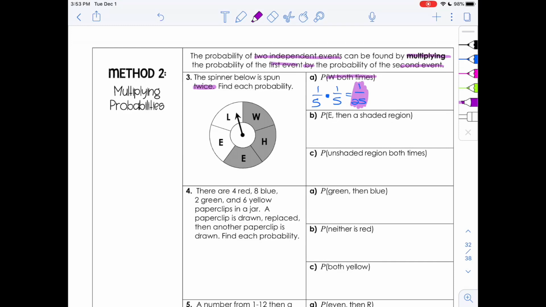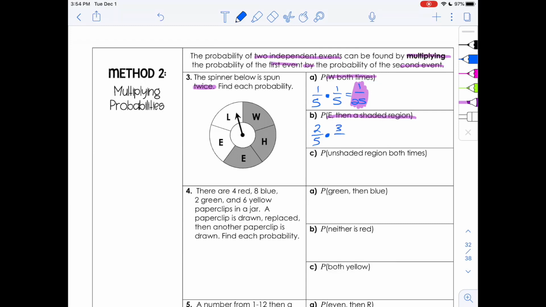The probability of spinning an E, and then on the second spin, it landing on a shaded region. So the probability of spinning an E is 2 out of the 5 sections, because you have 2 sections that have an E out of your 5 total sections, times the probability that it's going to land on a shaded region.